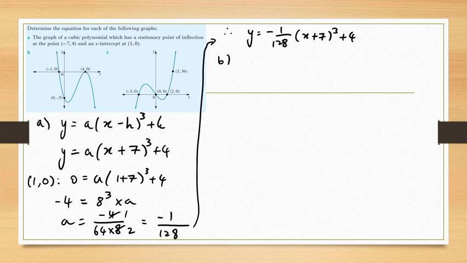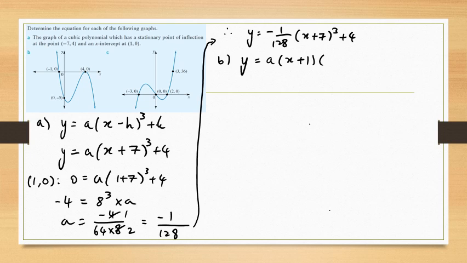Okay, part B. Now we have two x-intercepts given, but you might notice this one here is a turning point. So then what we need to do is write out our equation, but with the turning point. So x plus 1, that doesn't have a turning point, so don't put a square on.